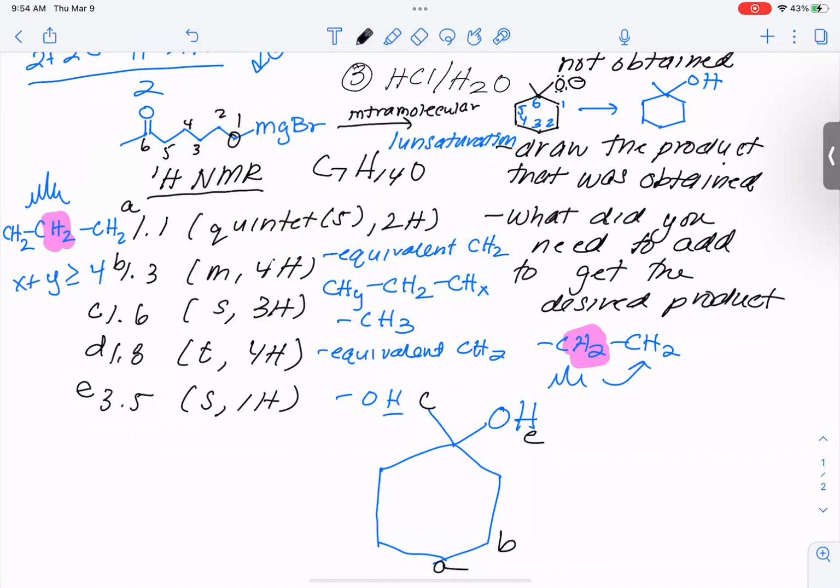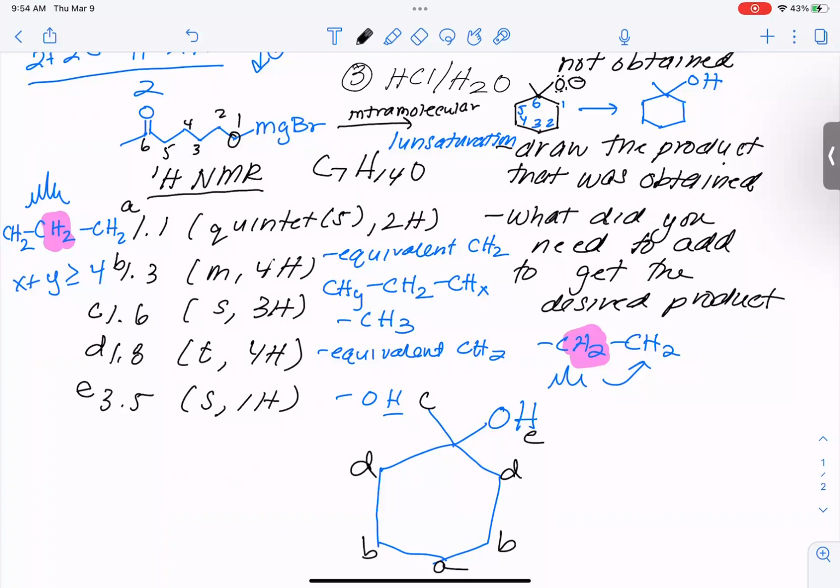The multiplets would be here. And then the triplets would be here. Okay. Does everybody see how I got that product and how the product matches the NMR data?